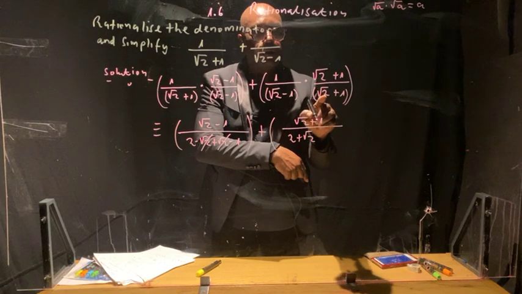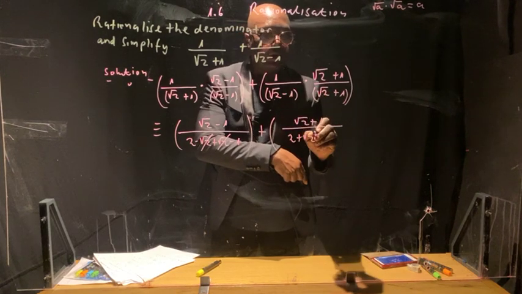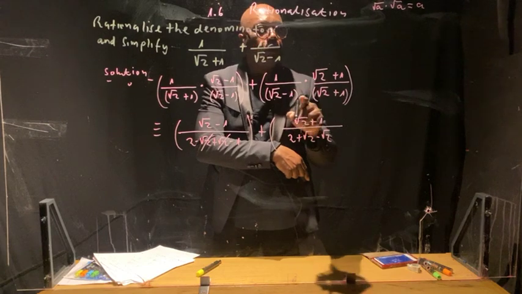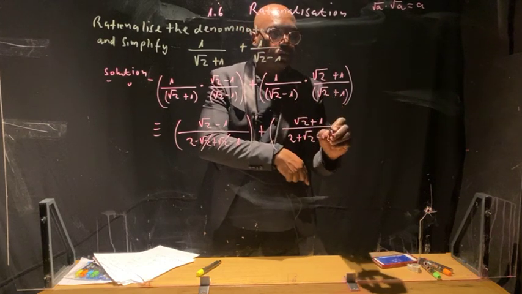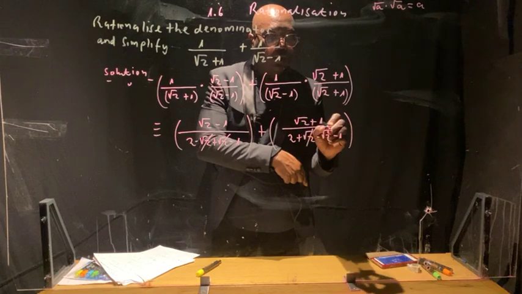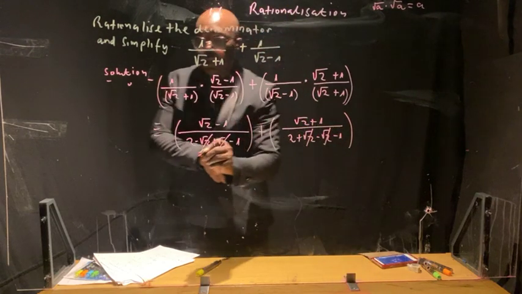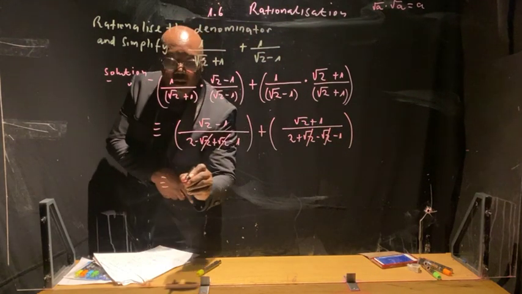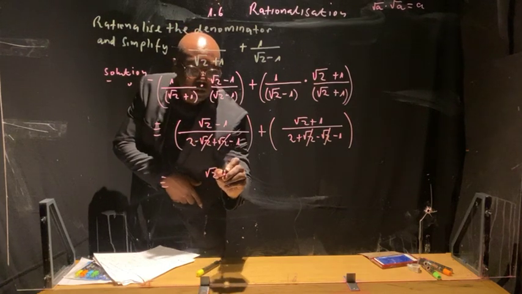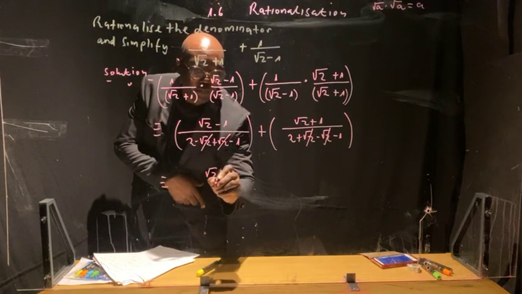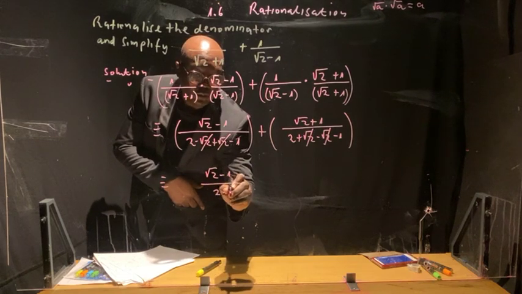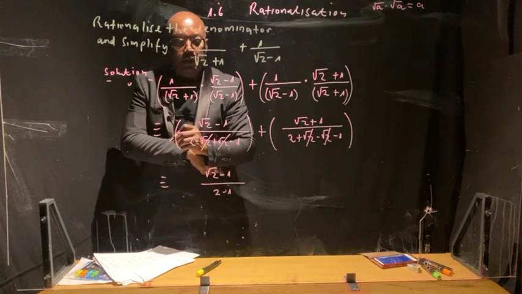Root 2 multiplied by negative 1 is negative root 2. Minus 1 multiplied by 1 is minus 1. This one cancels this one. So we are left with the numerator root 2 minus 1 over 2 minus 1. Good.